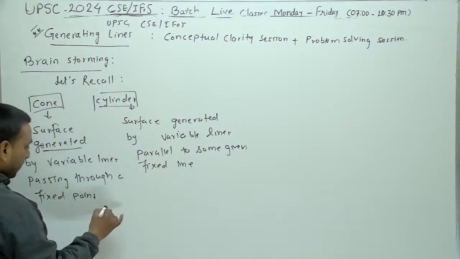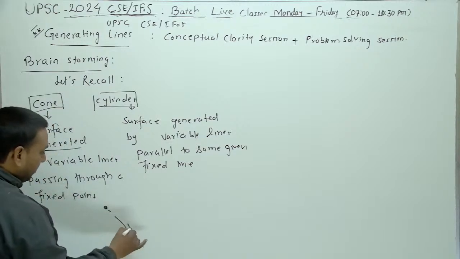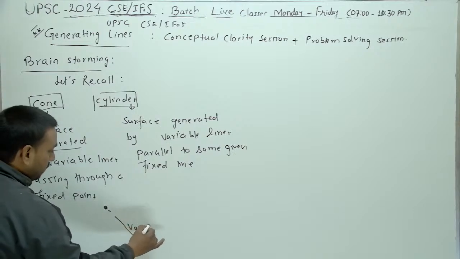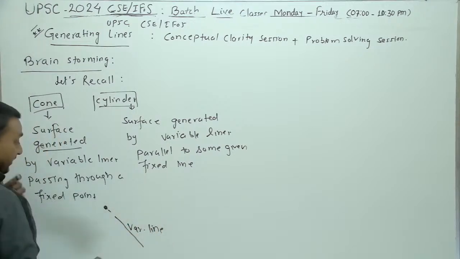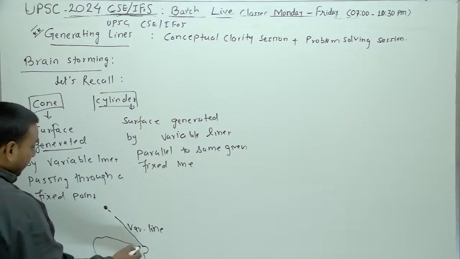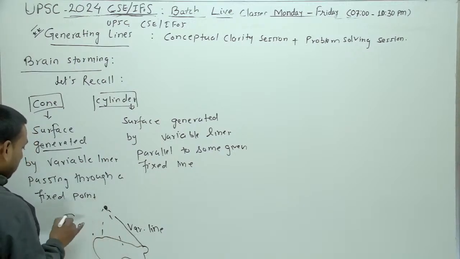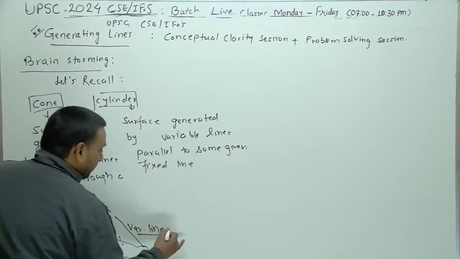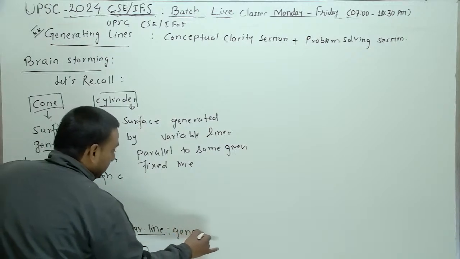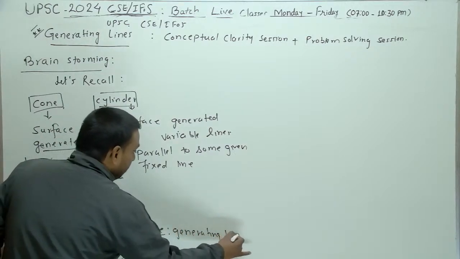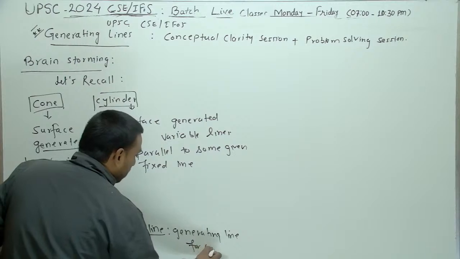For example, if you talk about this, this is the fixed point and this is the variable line, as I also told in that cone lecture. Let's say this is the guiding curve. So we can generate a cone here. So this variable line is called the generating line for cone.